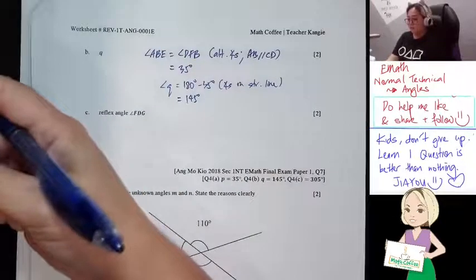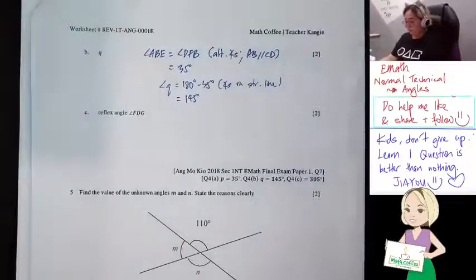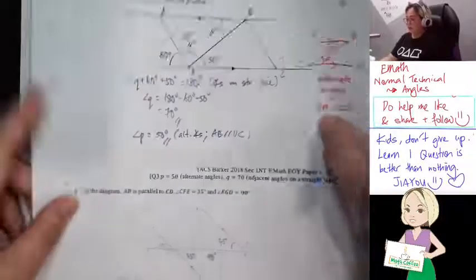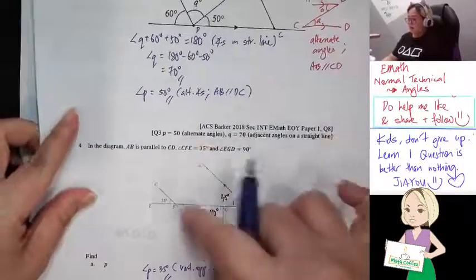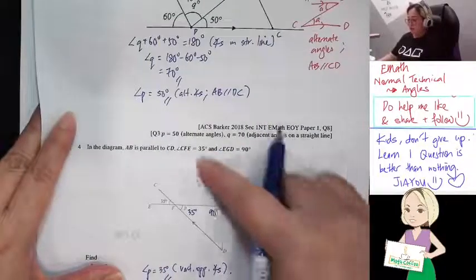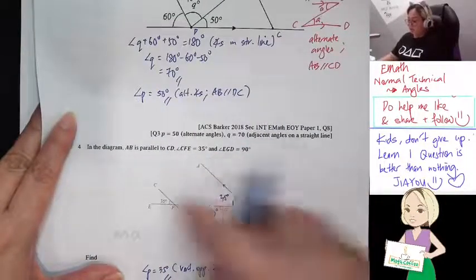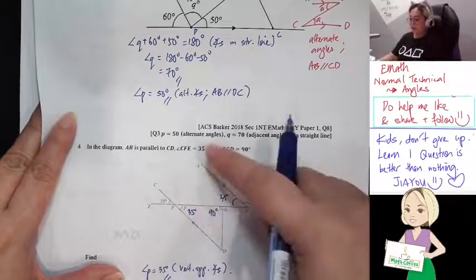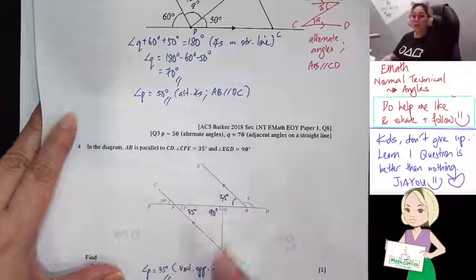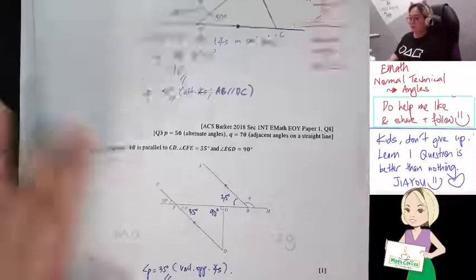Okay. ABG, ABE, it's okay, it's the same. ABG, ABF, ABE also can because they are all referring to the same angle. Okay?